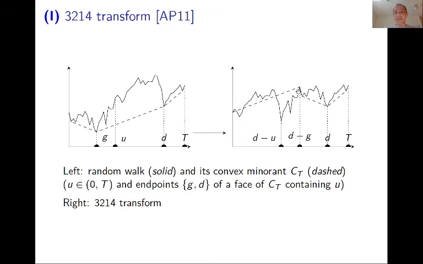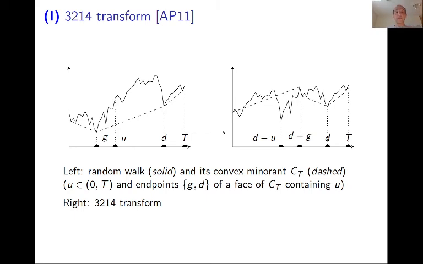You see, this is exactly what happens here. And then here you have the same problem as before. There's this recursive structure in the law of a random walk, it turns out. And here the transformation does essentially a Vervaat transform of this excursion away from the convex minorant. So this is a bijection, and the fact that it is a bijection is crucial in determining the law of the convex minorant for a random walk.